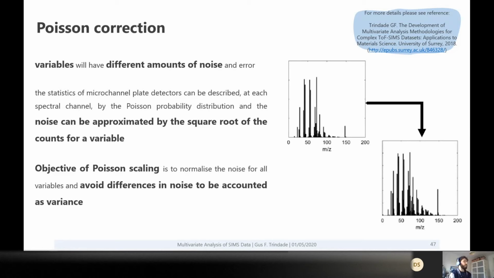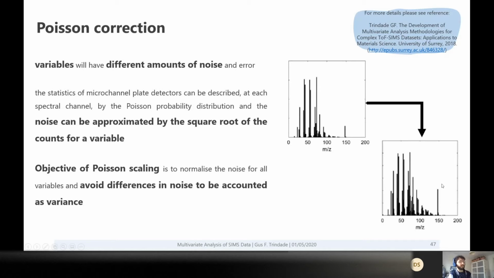So we can approximate the noise by the square root of the counts. What we do with Poisson scaling is roughly divide each of these areas by the square root of them. And by doing that, we normalize the level of noise. So for the noisier variables, we give a higher weight.